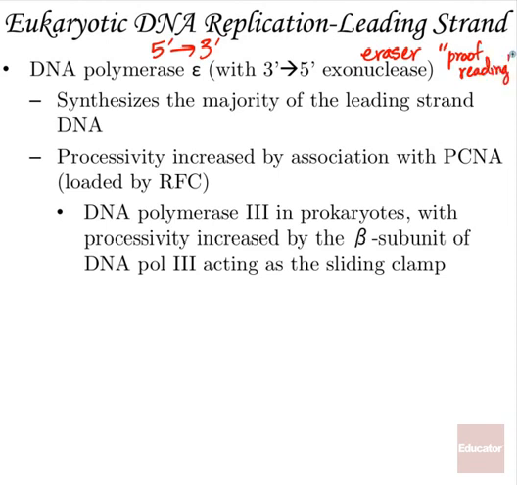Meaning, if it has added the wrong base, it can back up and erase it and then put back in the correct base. So DNA polymerase epsilon synthesizes the majority of the leading strand.